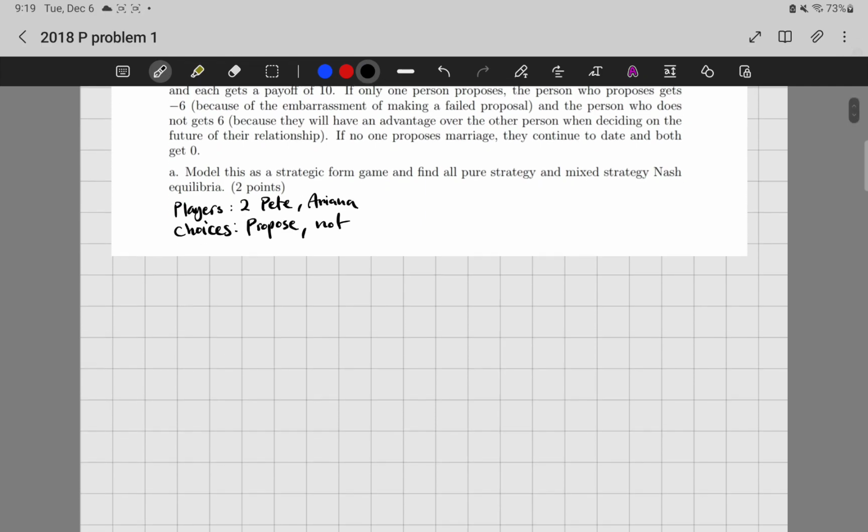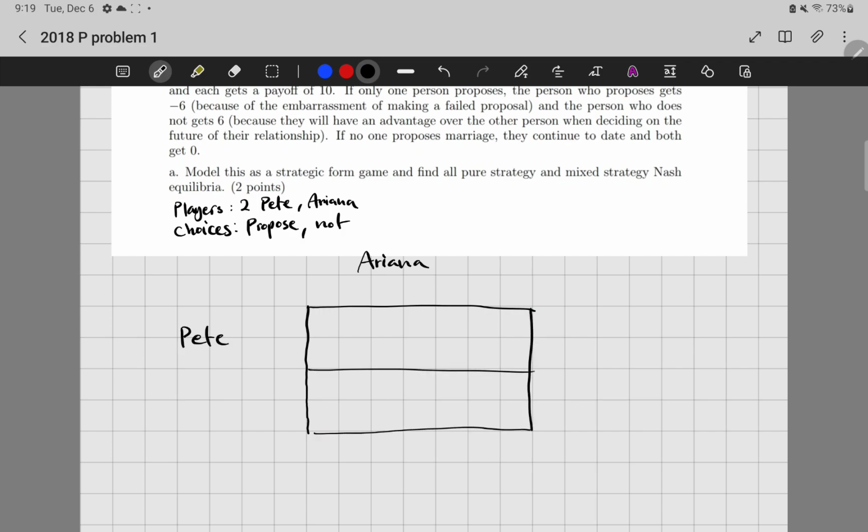Now, based on this, we can make a 2x2 strategic form game. So first, let's put Pete as player 1 and Ariana as player 2, and make a simple 2x2 table.